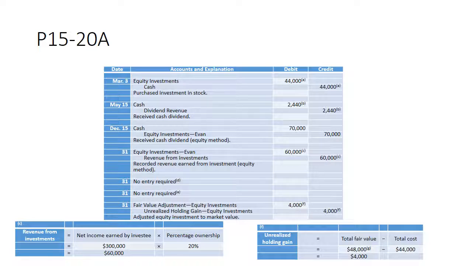The FASB looks at this as, you shouldn't wait till you receive a dividend to record revenue. You should record revenue on this investment as the other company makes net income. So as Evan makes its net income, their share of it is reported as revenue on their books. Increase the investment, increase revenue.